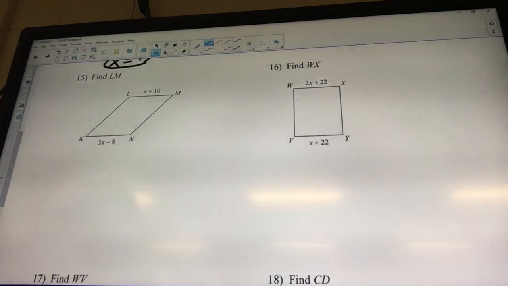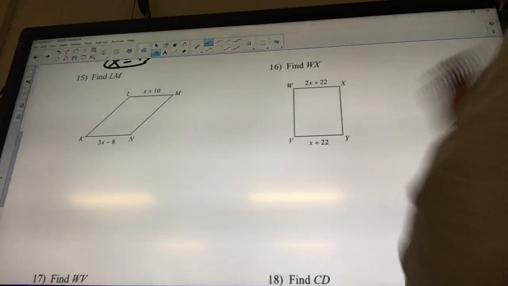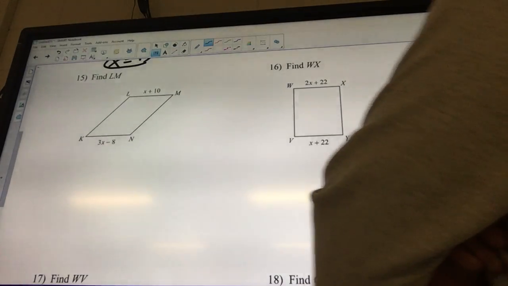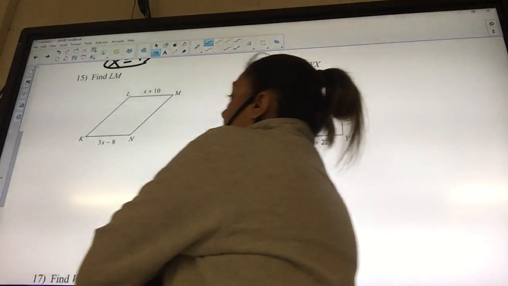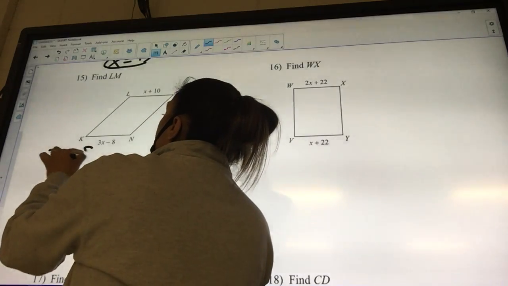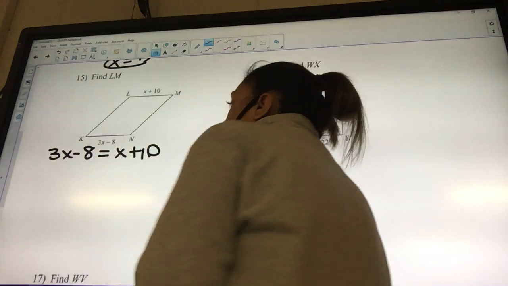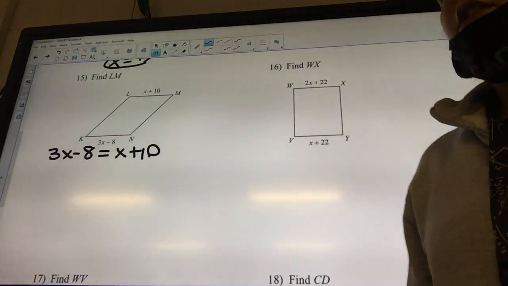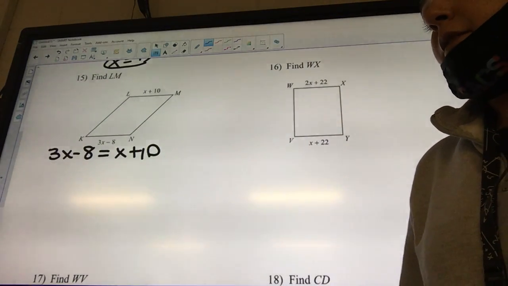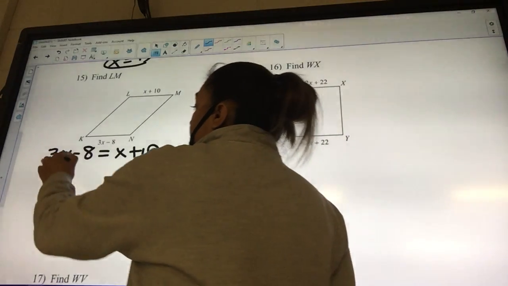Okay, so we have a parallelogram, and one side is x plus 10, and the other side is 3x minus 8. So we're going to say 3x minus 8 equals x plus 10. We need to move all our letters to the left and our numbers to the right. Plus 8.